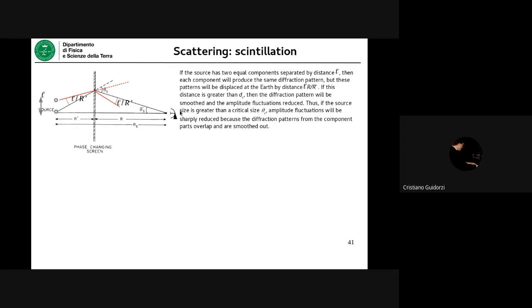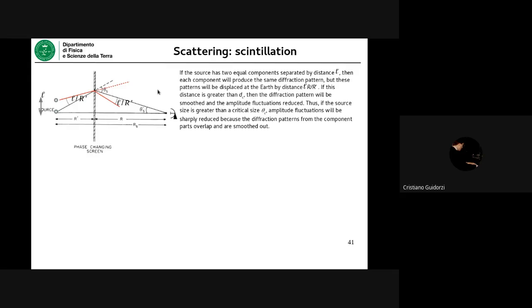You remember that when you consider the intensity along this plane by a distance which is greater than dc, the correlation distance, what happens?